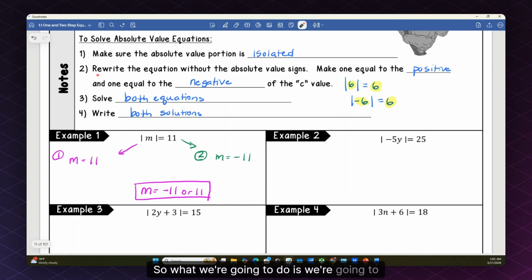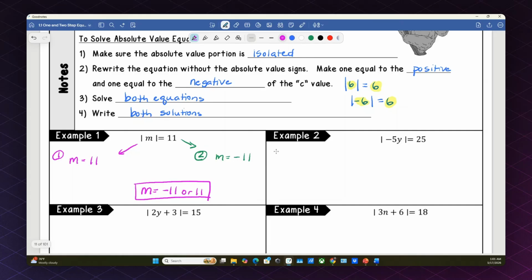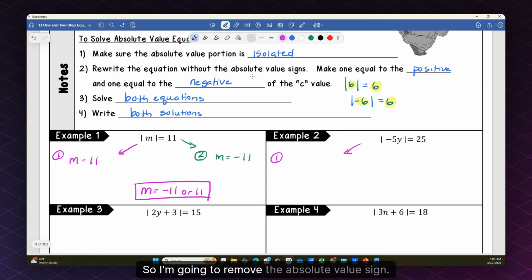So what we're going to do is we're going to rewrite the equation without the absolute value signs, and we're going to make one equal to the positive version and one equal to the negative version. So we are going to break this up into two. So my first one, I can just come over here in my first option, I'm going to leave it positive. So I'm going to remove the absolute value signs.